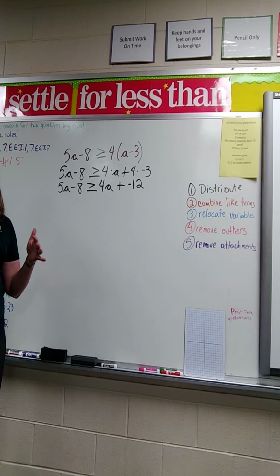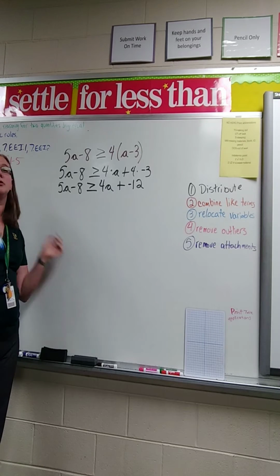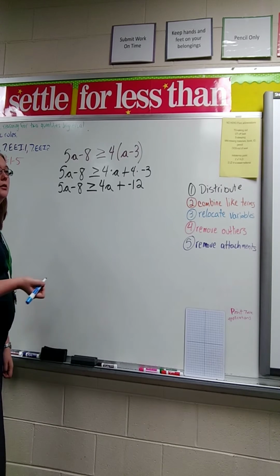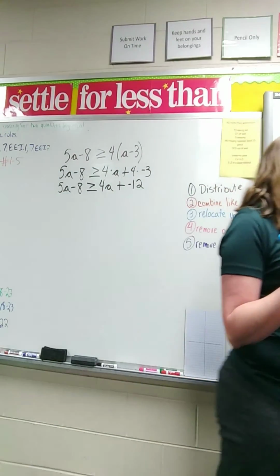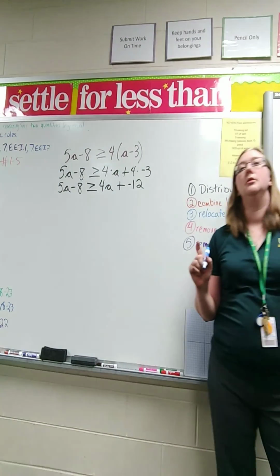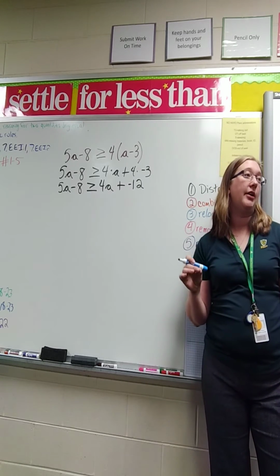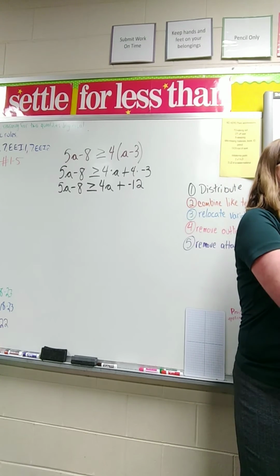Because I need all my variables on one side of that inequality symbol. So we're going to relocate the 5a or the 4a? Here's the thing. If we relocate the larger quantity of the variable, then we're going to end up with a negative variable that we have to deal with later.